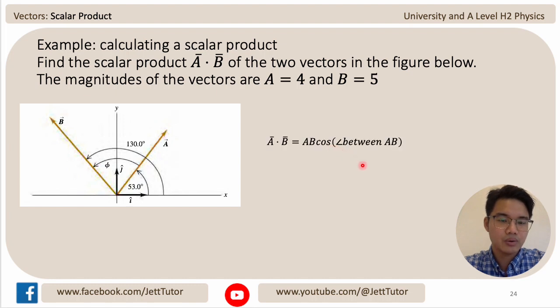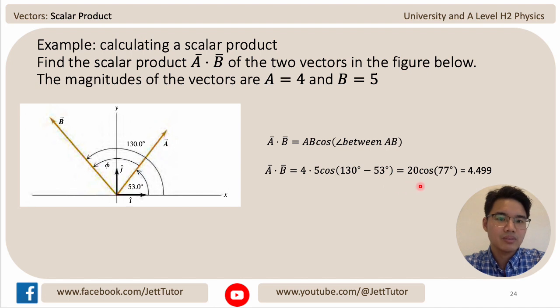A dot B equals AB cosine of the angle between A and B. A dot B equals 4 multiplied by 5 cosine of (130 minus 53) degrees, equal to 20 multiplied by cosine 77 degrees. So the final solution is 4.499.